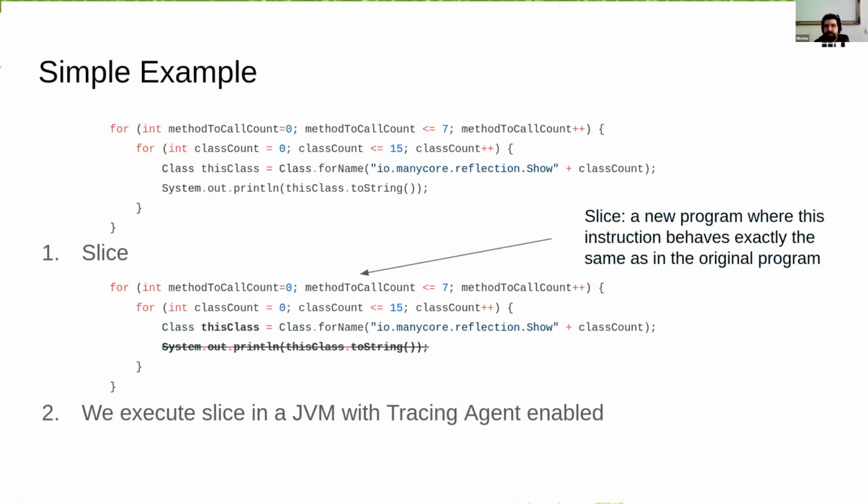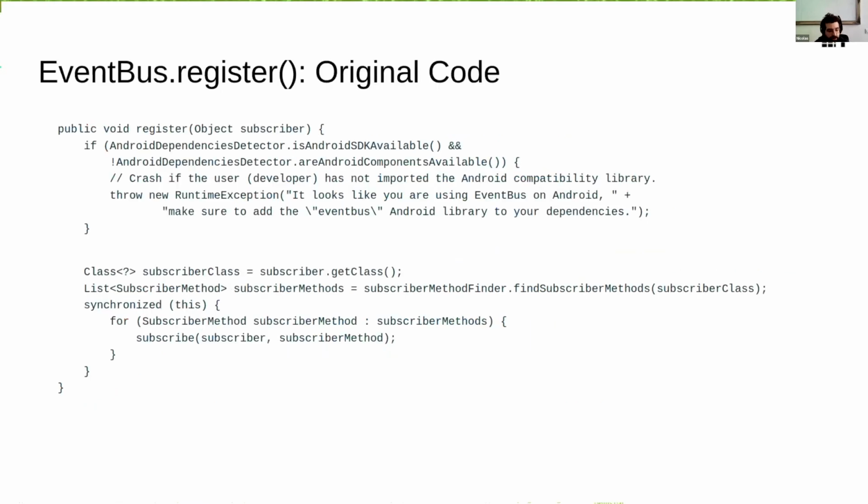So I've selected an example from EventBus. EventBus is a messaging bus that is very widely used. It's used a lot in Android apps, and also within the Java space, to dispatch events. For instance, imagine that you have an app where you upload a picture, like on Facebook, and you want your app to update its feed.